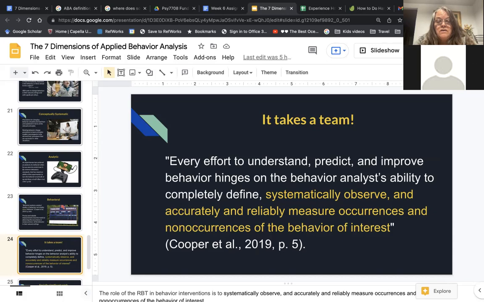And based on the data that is recorded, then the BCBA can determine, is this program effective, or do we need to modify it a little bit? And that is one of the attitudes of the science of applied behavior analysis, that we want to continually evaluate what we're doing so that we can improve it and get closer and closer to the target goal.